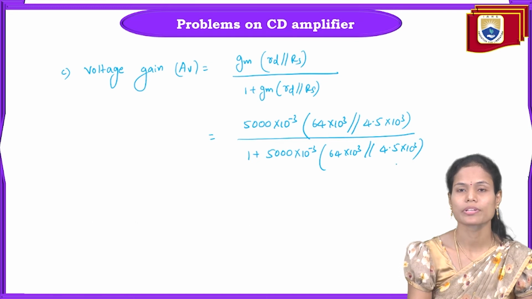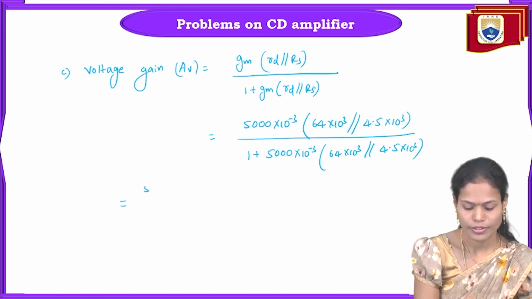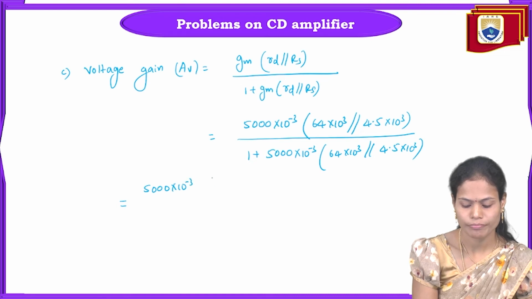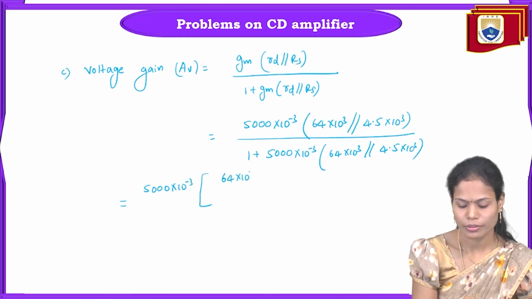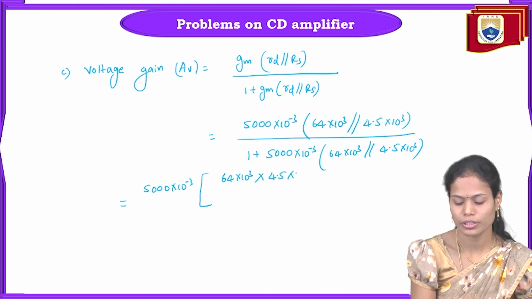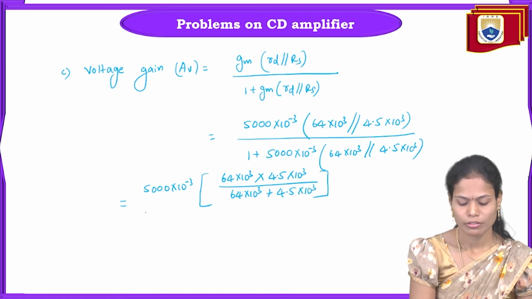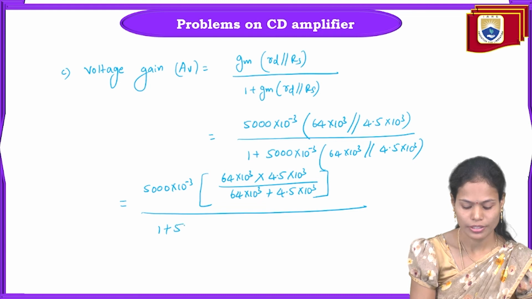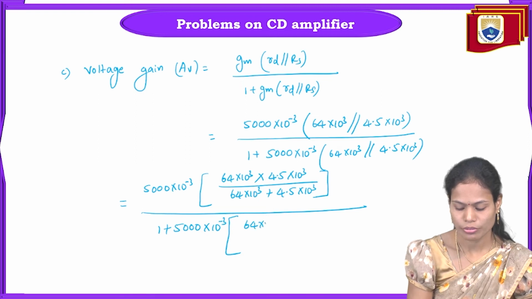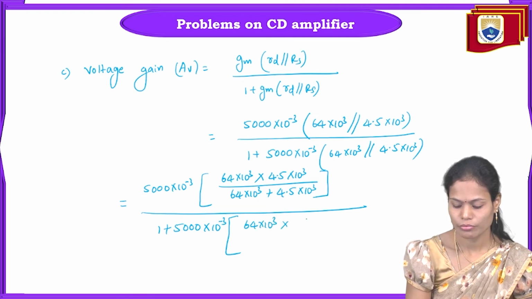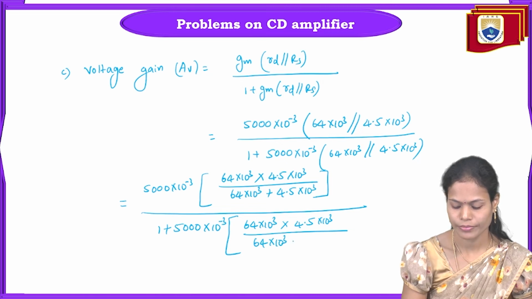If we expand this expression for simplification, we get 5000 into 10 power minus 3 into 64 into 10 power 3 into 4.5 into 10 power 3 divided by 64 into 10 power 3 plus 4.5 into 10 power 3, whole divided by 1 plus 5000 into 10 power minus 3 of 64 into 10 power 3 into 4.5 into 10 power 3 divided by again 64 into 10 power 3 plus 4.5 into 10 power 3.